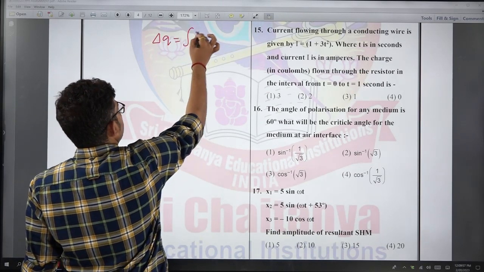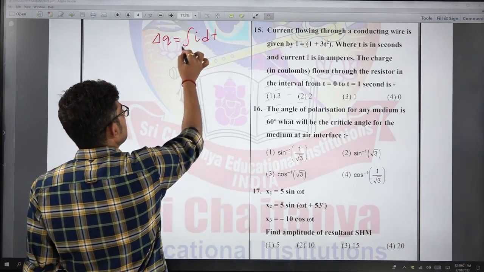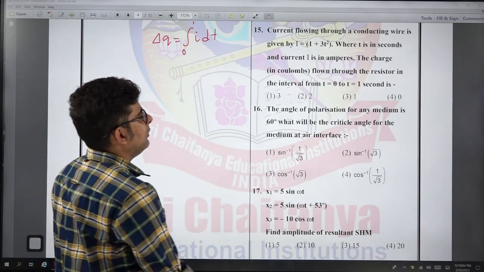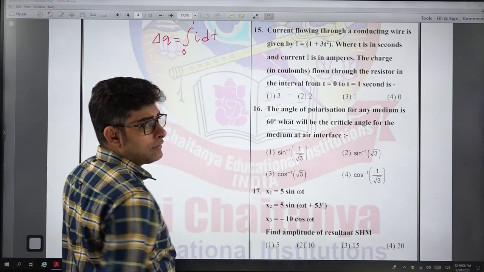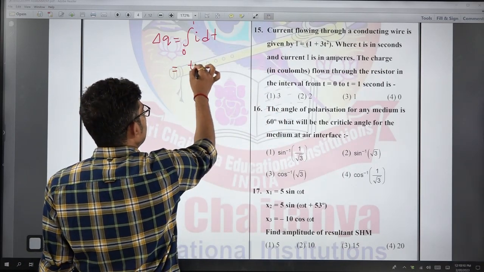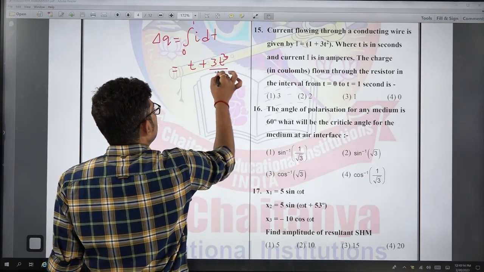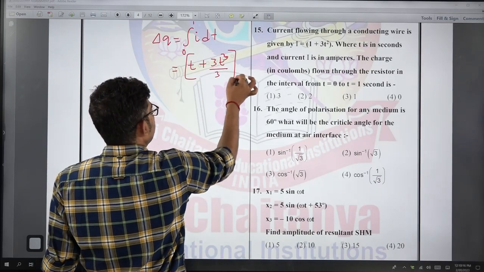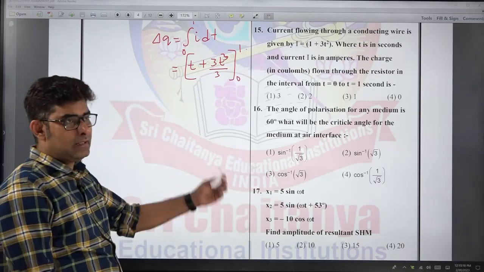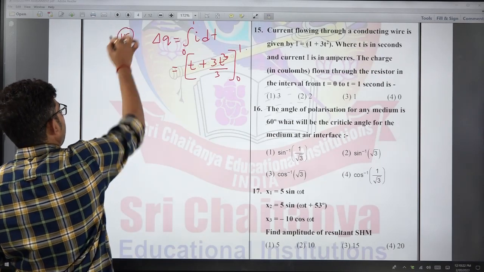Charge is simply integration of I with respect to time, from 0 to 1 second. What is current given as? 1 plus 3t square. The integration of 1 with respect to t will be t only, and 3t square will become 3t cube by 3, and put the limit from 0 to 1. You will get the answer. Clear? So this is question number 15.